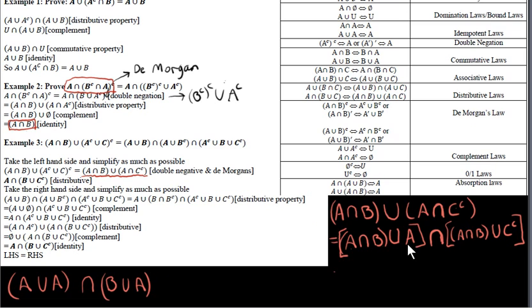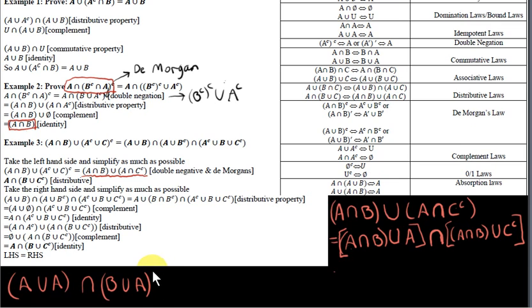You're not used to seeing the distributive law written like this. It's the distributive law turned around actually. But of course we can turn it around by the commutative law. It doesn't matter which way we order these. So this is just the distributive law where the set that's made up of two sets is shown first rather than shown second. But we can still do the distribution, of course.